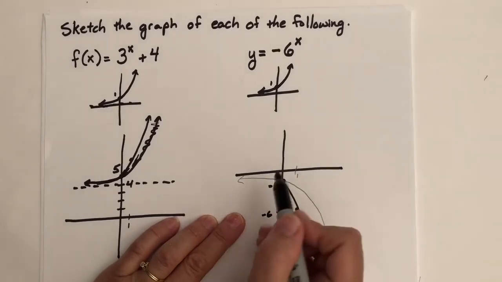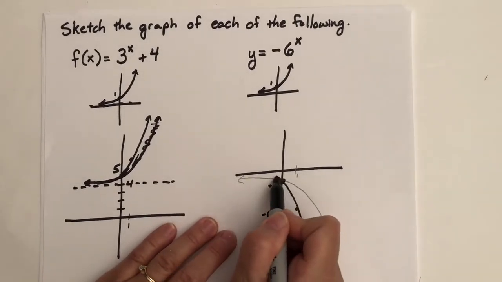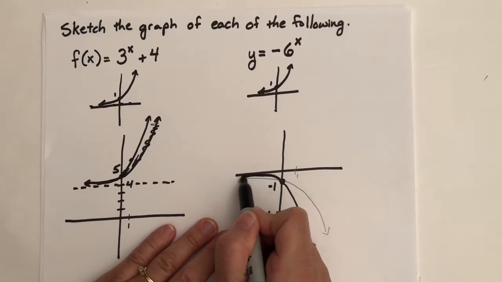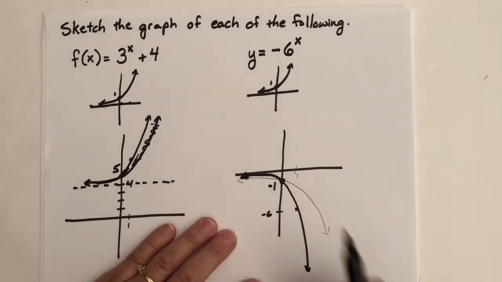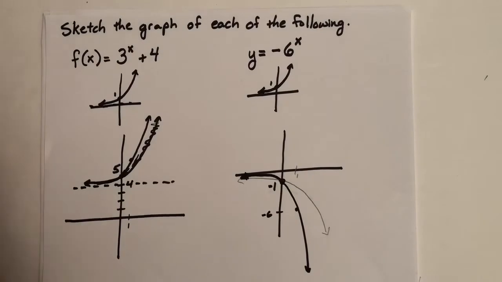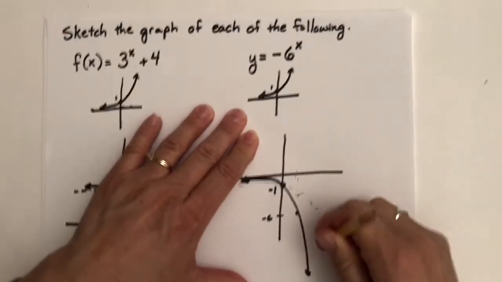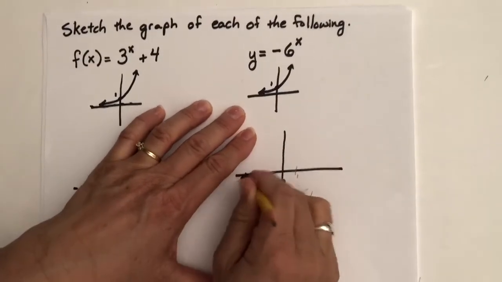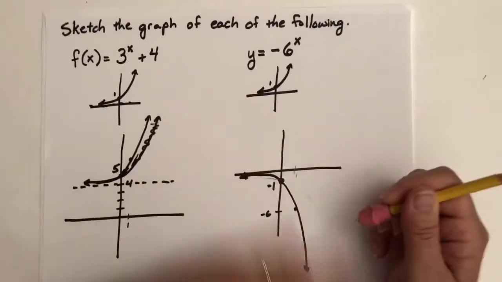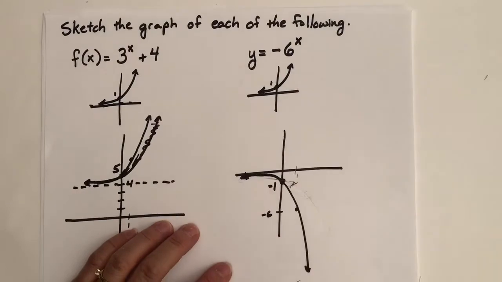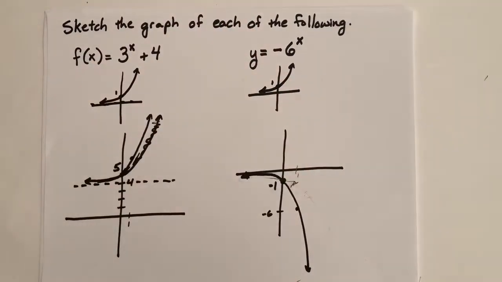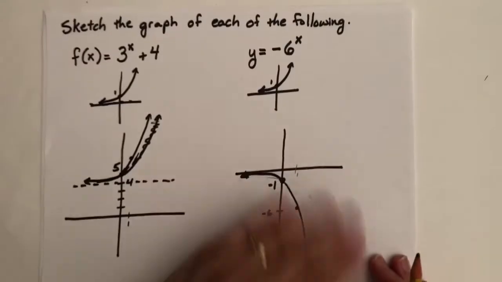And because the base is a 6, it comes up and hugs that x-axis a little bit quicker than, say, 2 to the x. And I will erase the little rough sketch that I had right here. But I have my exponential function graphed. My base graph reflected across the x-axis. Let's do another one.